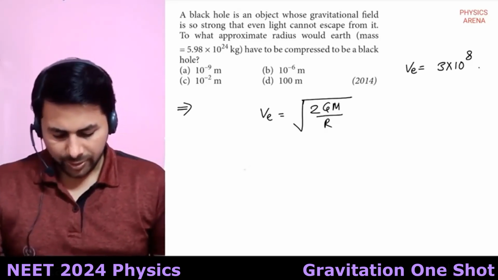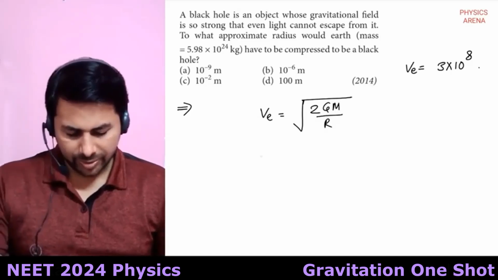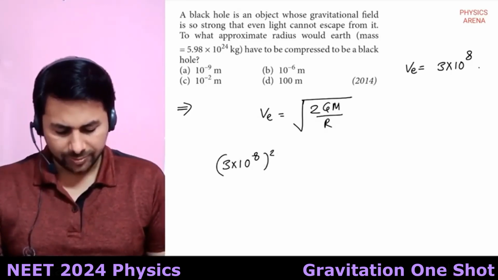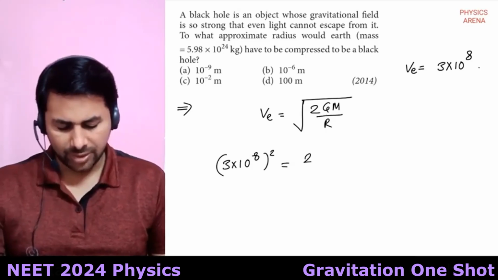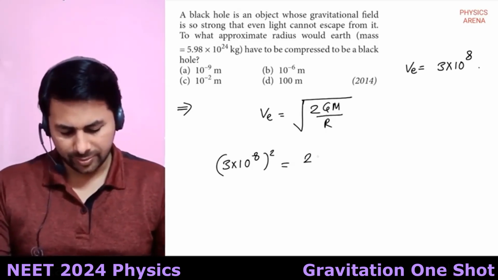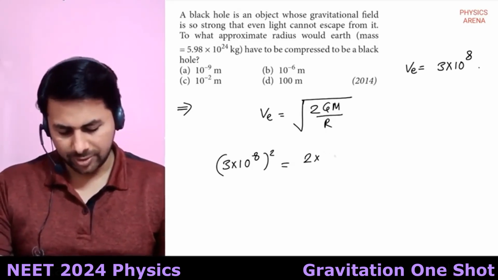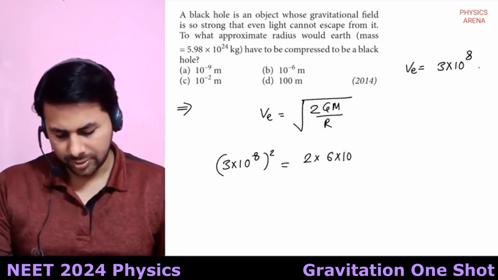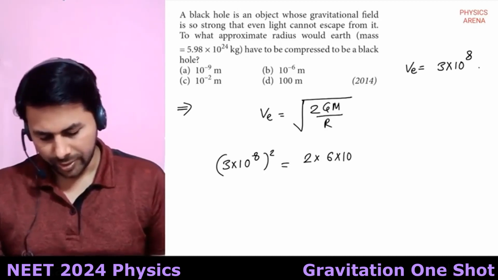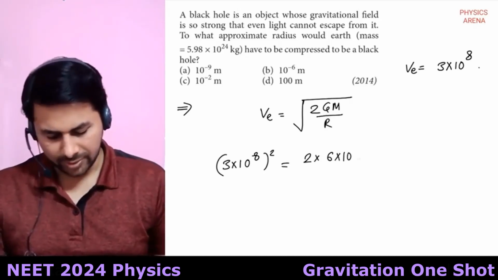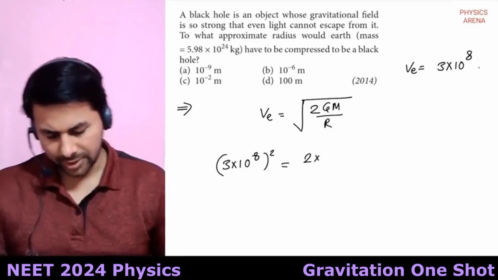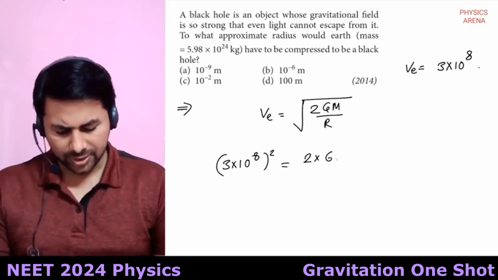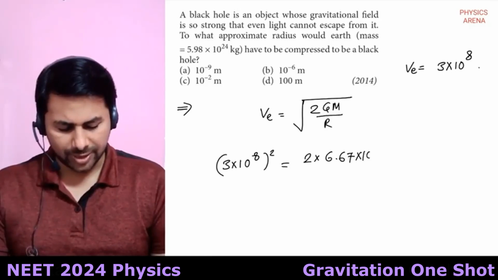So we can put v equal to 3 into 10 raised to 8, and its square is equal to 2 times GM upon R. Okay, so 2 times G is how much? Mass is given, but they didn't give G. I guess it is 6.67 into 10 raised to minus 11.